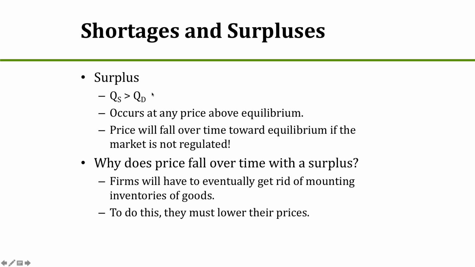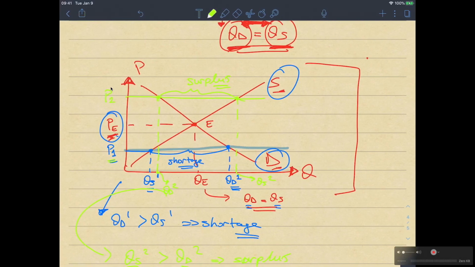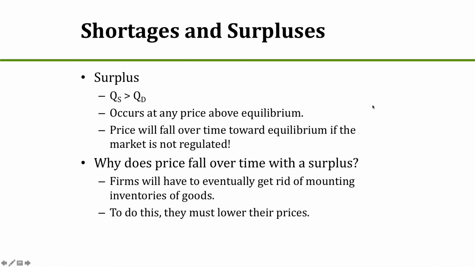As I told you before, surplus happens when the quantity supplied is higher than the quantity demanded, and it occurs at a price above the equilibrium level. For a price above the equilibrium level, we have a surplus. For a price below the equilibrium level, we have a shortage. Now let's cover why the price level will go to the equilibrium price level if the market is not regulated.